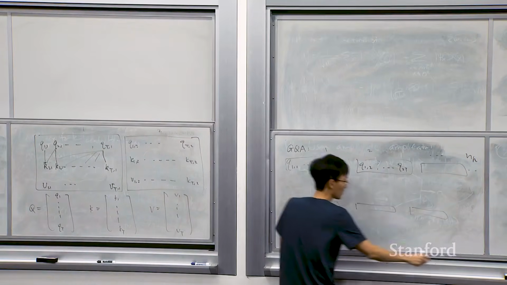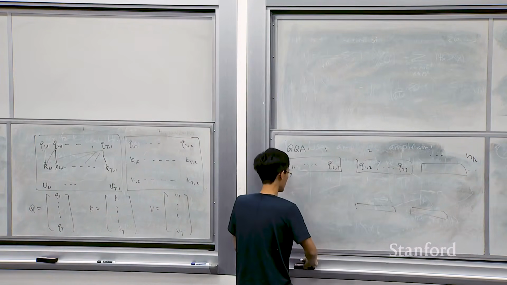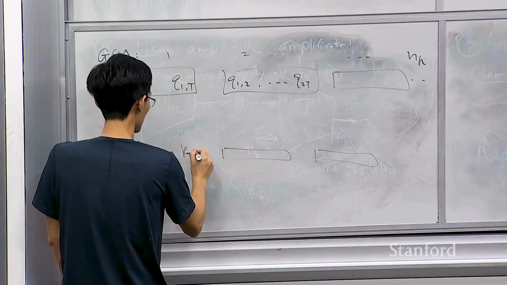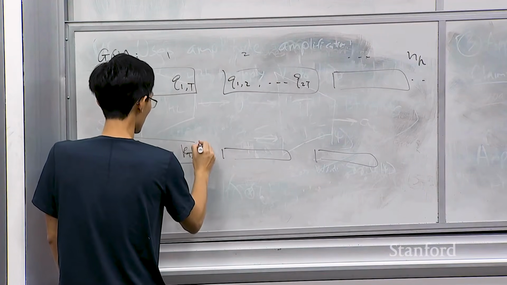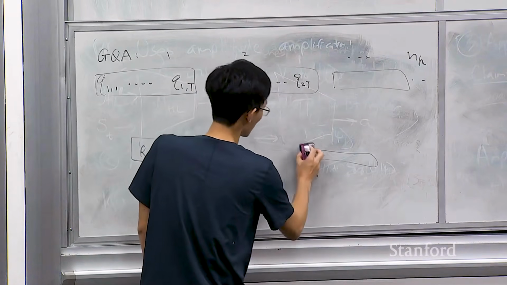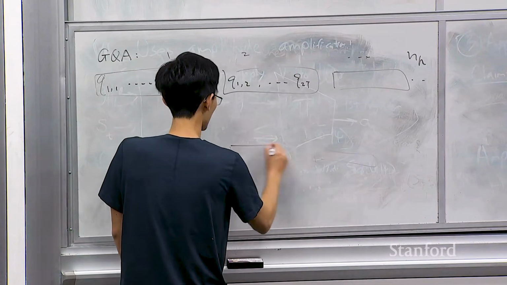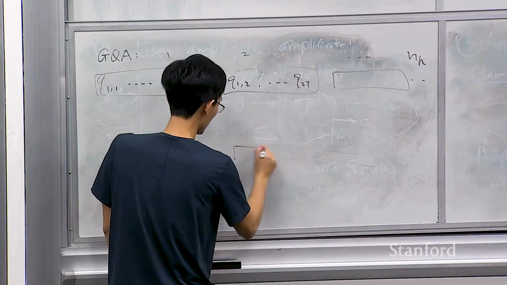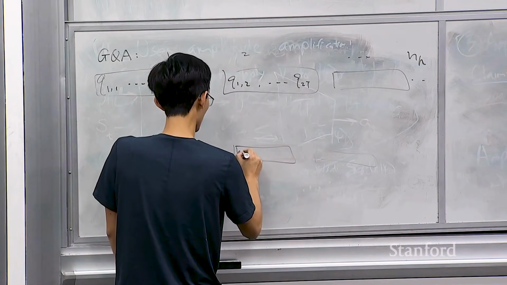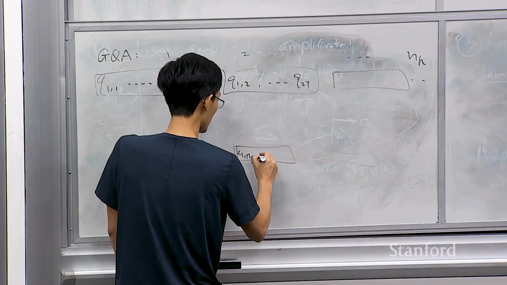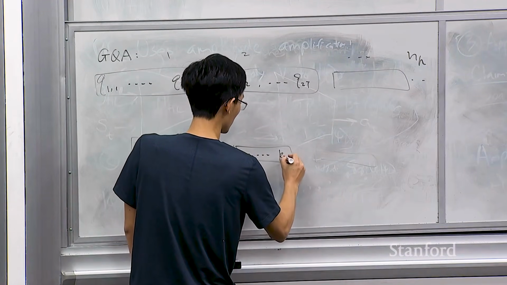So let me draw this. I have key 1,1 up to key 1,T. This is the first key sequence of keys. And maybe let's just say I have 2 sequences of keys. Okay, maybe let's use a generic. So let's say K1,NG up to KT,NG.